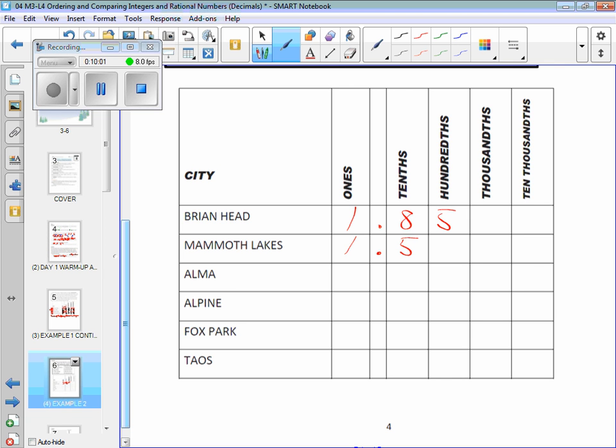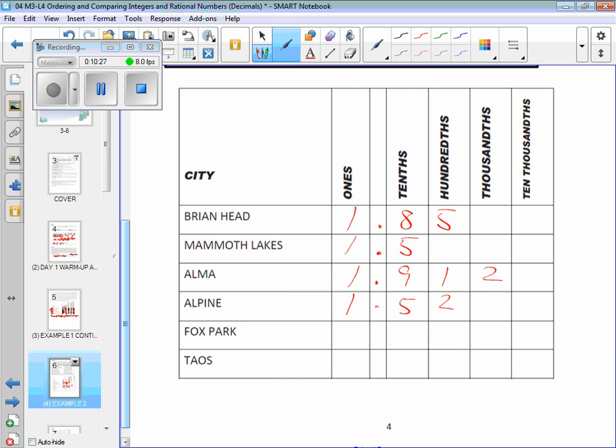Alma. I once knew a girl named Alma. 1.912. One more time. 1.912. Alpine. Northport High too.